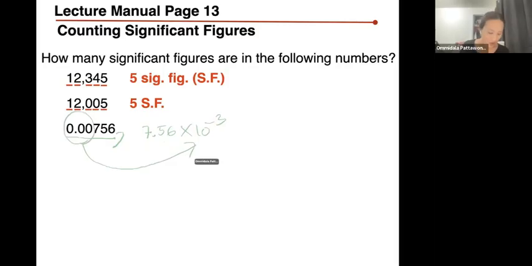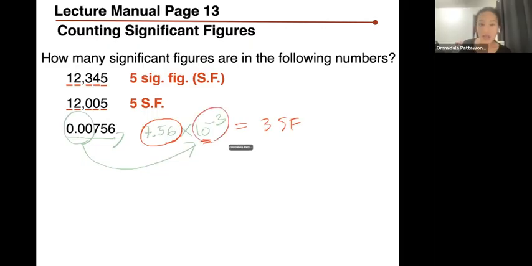So in this case, what you count is only the non-zero digits that are left. You end up with only 3 sig figs. We don't count the first 3 zeros because they are placeholders that represent the notation, and the scientific notation itself does not count as part of the sig figs either.